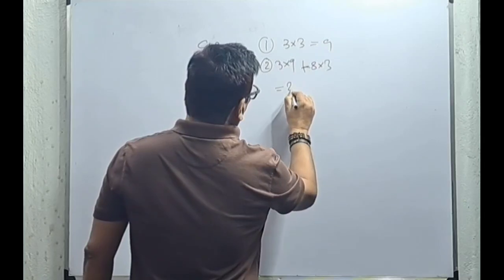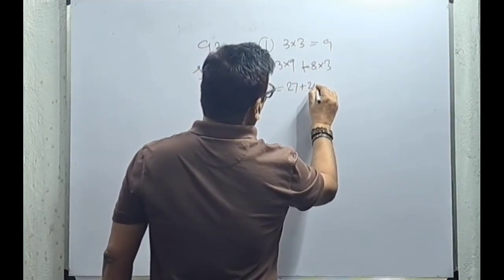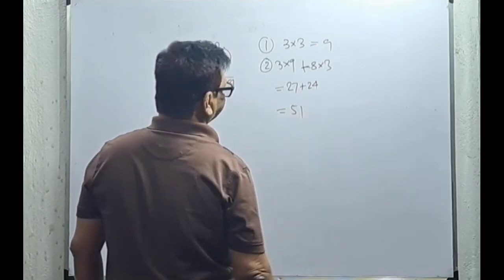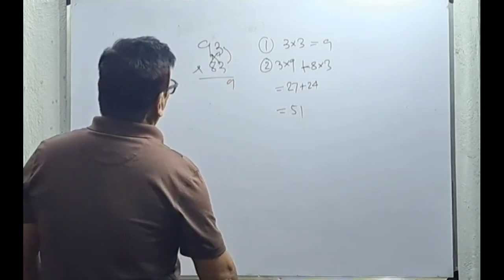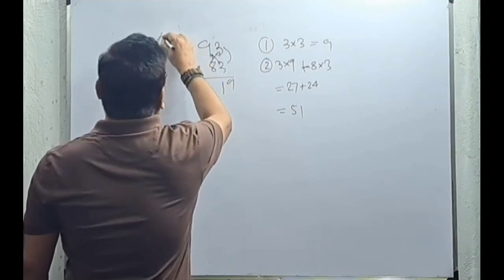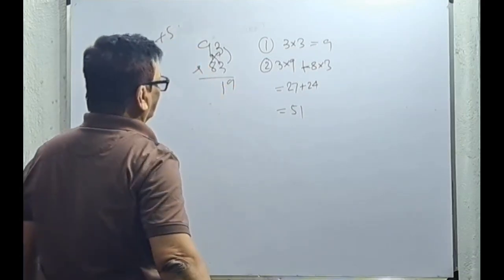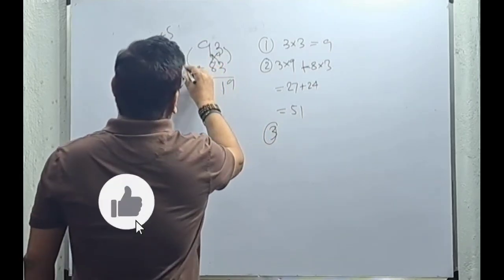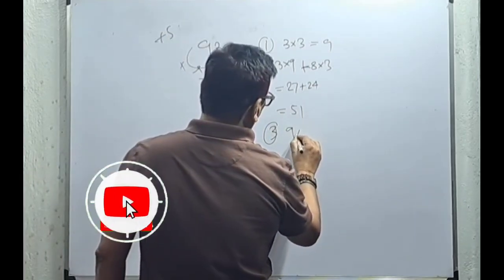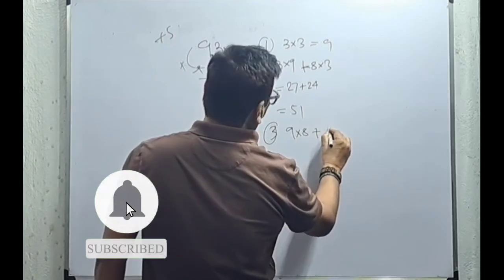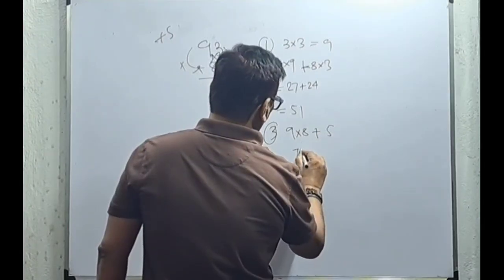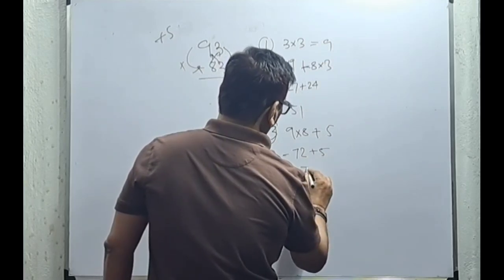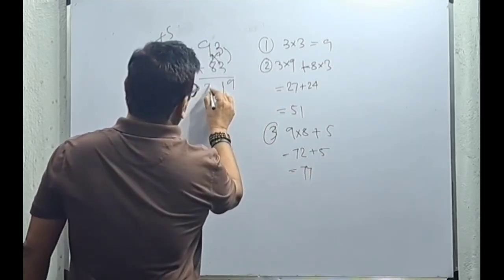So 27 plus 24, which is 51, right? So we write 1 here, carry 5. The final step, third step, is multiply these two. 9 into 8 plus carry 5, 72 plus 5, 77, right? 77.